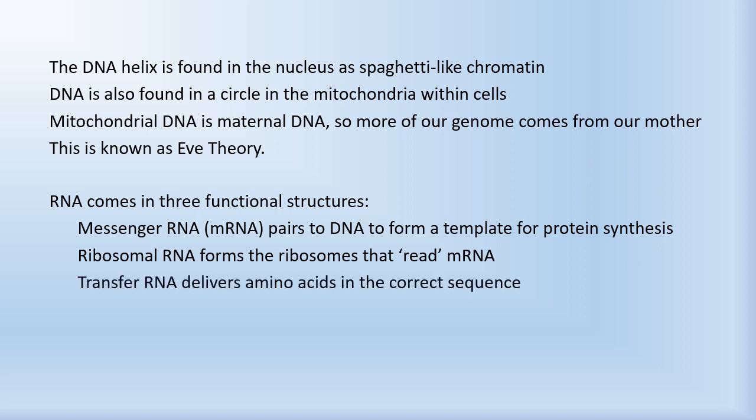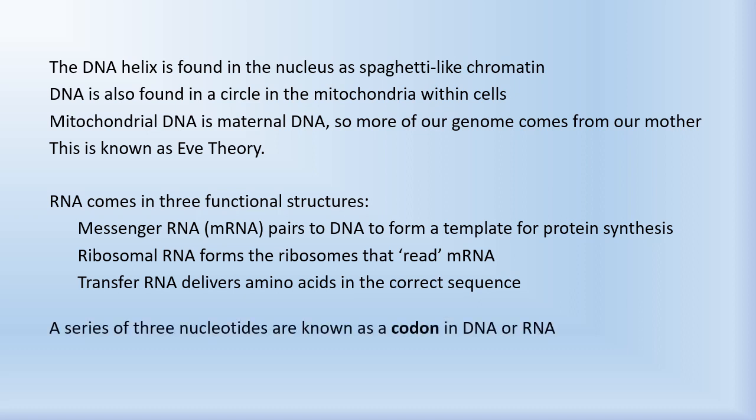Transfer RNA delivers amino acids in the correct sequence. Each transfer RNA carries a specific amino acid that is bound to other amino acids to form a polypeptide chain. This polypeptide chain is then used to make the complex proteins we were talking about before.